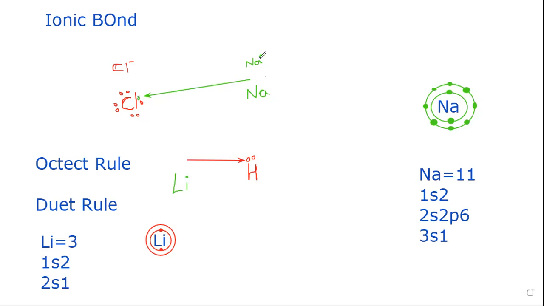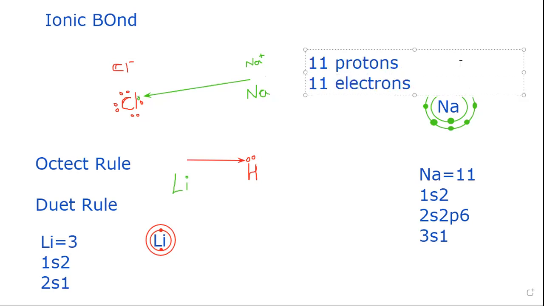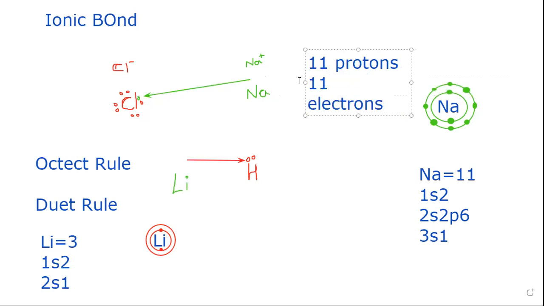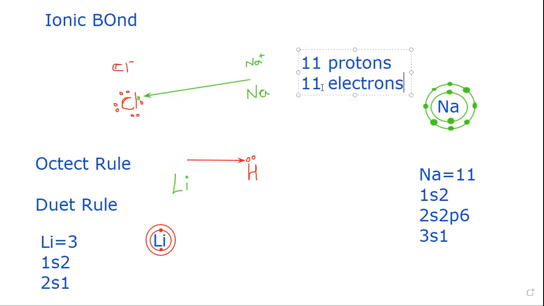Now, the particle that sodium gave away, which is the one received by chlorine, was a negative particle. That means sodium now will have 1 extra positive particle, because at first sodium had 11 protons and 11 electrons. Okay, now when you took 1 electron away, you're gonna have only 10 electrons.